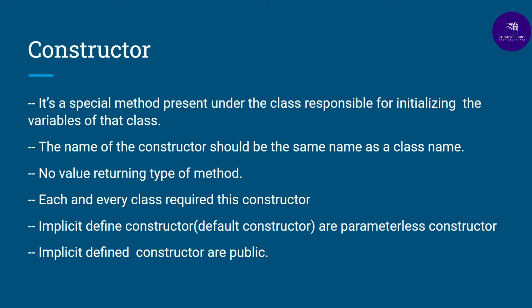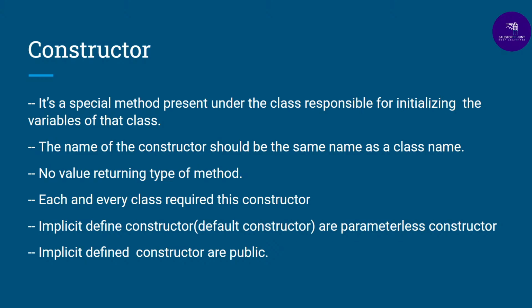We already discussed naming conventions, but I will show you in an upcoming session how to write naming conventions under Apex. And there is no return type. The constructor never returns any value. Keep this in your mind, it is a very important point. So here you can see, no value return type of the method.